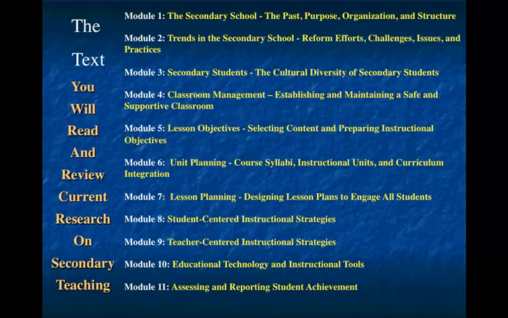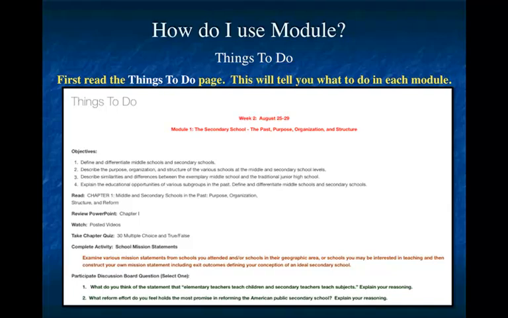And then we'll look at strategies in these 3 chapters, from direct instruction to all kinds of technology assisted instruction. So a lot of neat ideas will come from that. And then the last chapter is on assessment and reporting student achievement. So pretty well the gamut of a general overview of teaching in the secondary school.